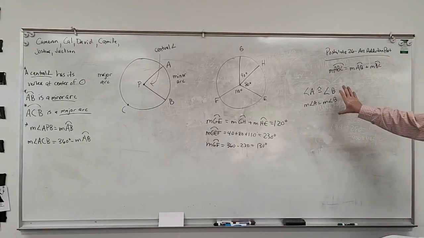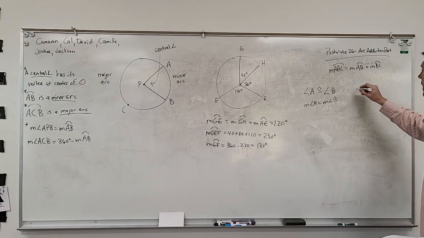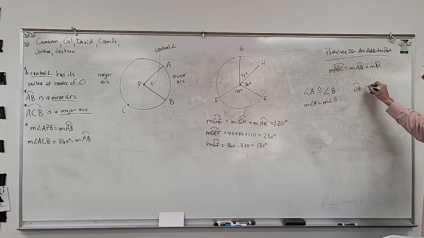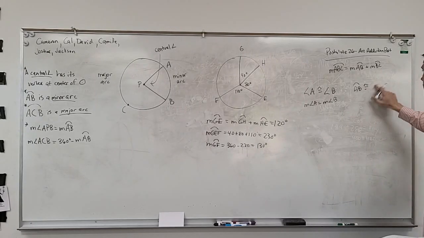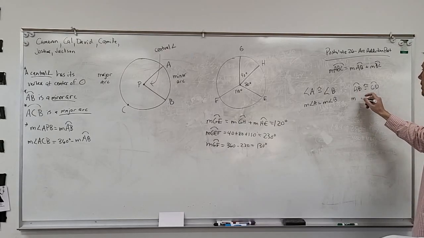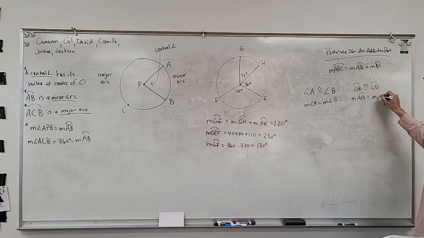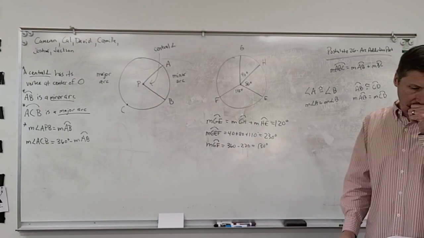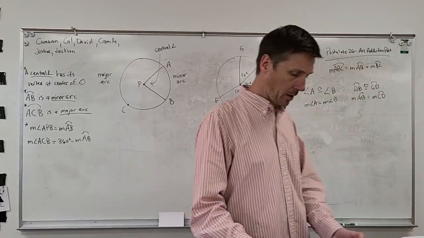So just like this applies to angles, if you have arc AB and it's congruent to arc CD, then that means that the measure of arc AB has to be equal to the measure of arc CD, right? So that's what makes them congruent.